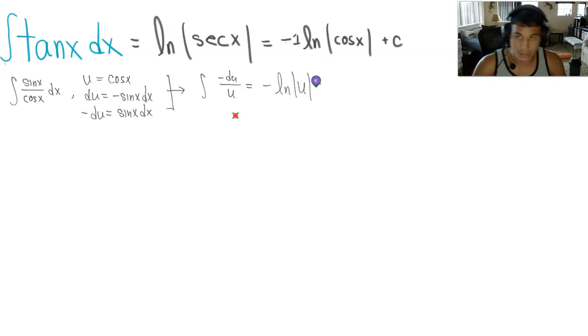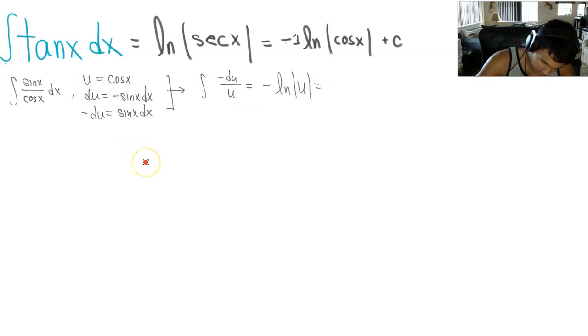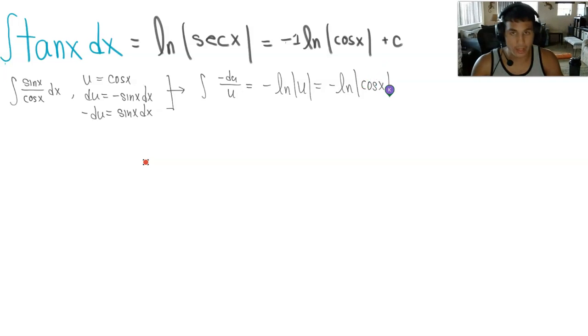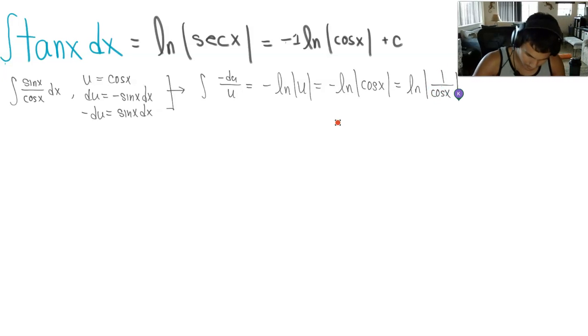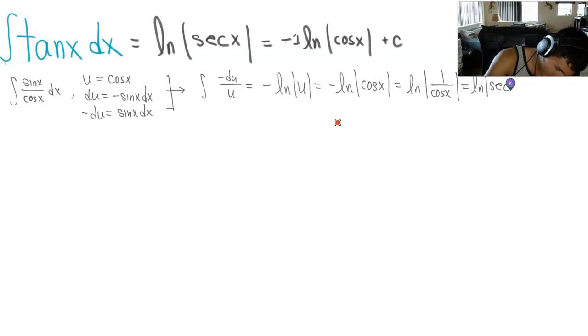And then now you can replace the u back with the cosine. You get negative ln cosine x. Okay, and then the way how logarithms work, right, since there's a negative right here, if you factor it in, it turns into ln 1 over cosine x. And of course that is ln secant x. And don't forget your plus c.